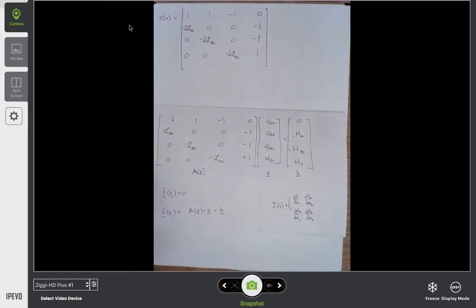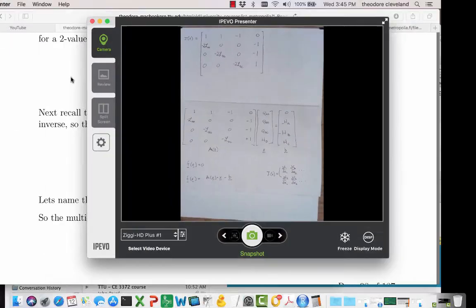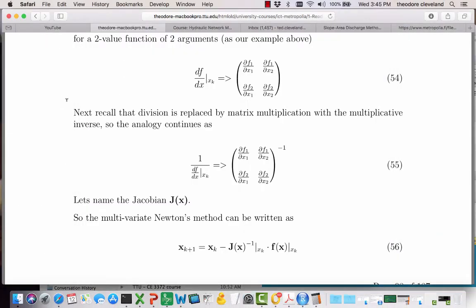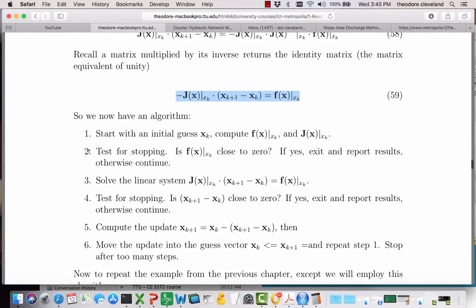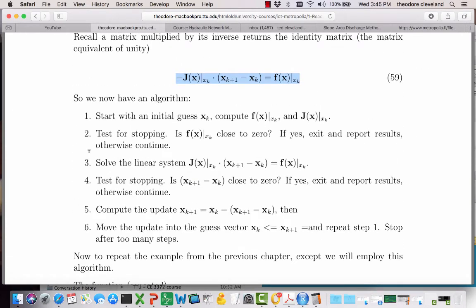Well, that finally gives me what I need, which is xk plus 1 as a vector is equal to xk minus, let me write the correct one, delete that.